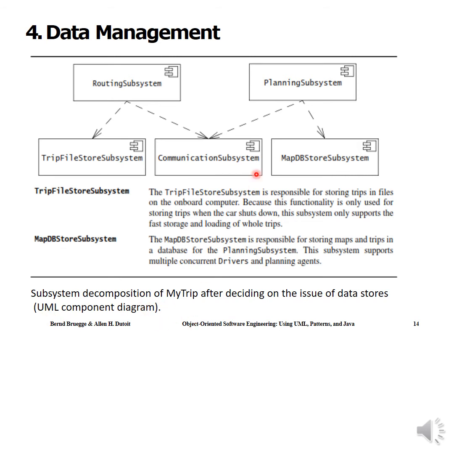In my trip, it is decided to store the current trip information in a file, so that recovery of the current trip is possible in case the driver shuts off the car before reaching the final destination.